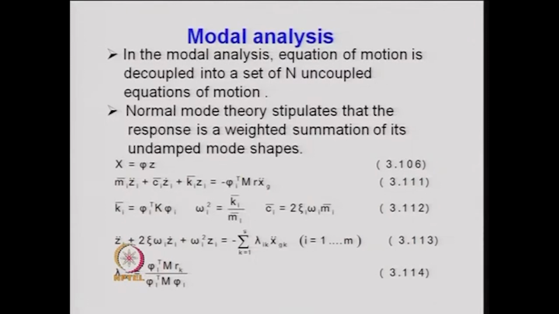In the time domain solution for multi degree of freedom system, we generally adopt Newmark's beta method for solving the problem. Duhamel integral is somewhat complex if we extend it to the multi degree of freedom system.